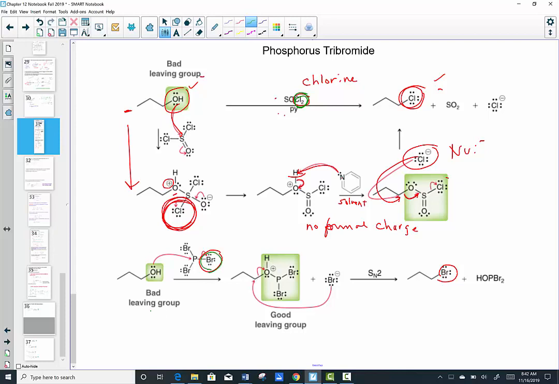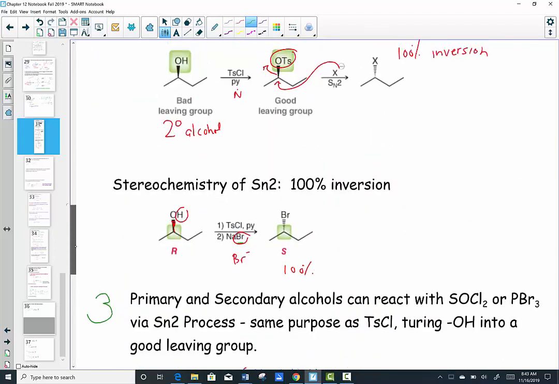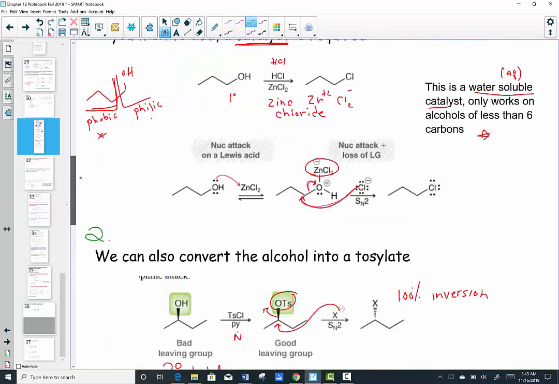It works to convert the bad leaving group into a good leaving group, where the nucleophilic substitution in a bimolecular collision will transfer the PBr2 and then the oxygen. And notice that just gets up and leaves, putting the bromine onto the chain. So this is what I would say is nice to know, letting you see the mechanism. The application is what we'll be responsible for. So let's just review this one more time.